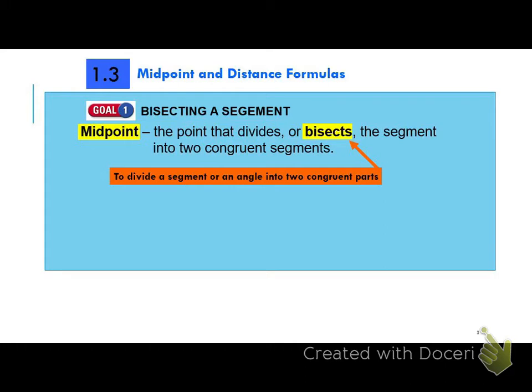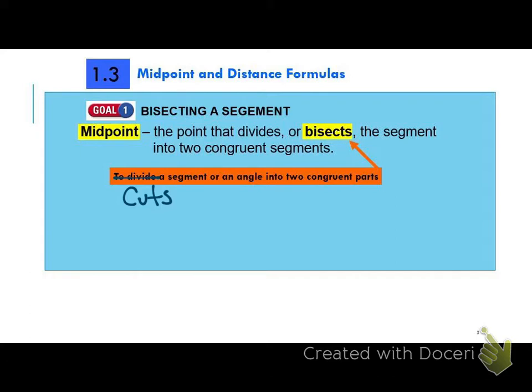To bisect, you could say cuts a segment or angle into 2 congruent parts. So you could say cuts, or you could say divide if you want. But cuts a segment or an angle into 2 congruent parts. So that is like the second bullet point. To bisect is to cut a segment or an angle into 2 congruent parts.